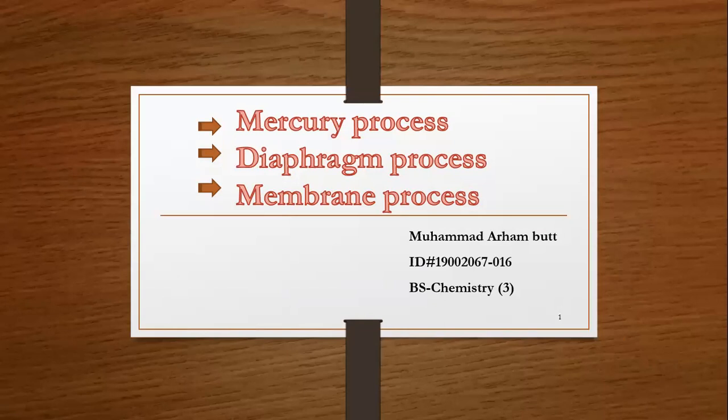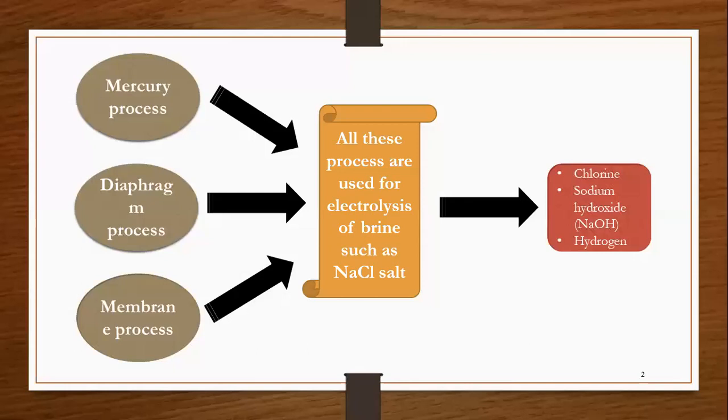Today I will tell you about the Mercury process, Diaphragm process and Membrane process. These are very essential processes for the manufacturing of NaOH. They are very useful in the electrolysis of brine. What is brine?